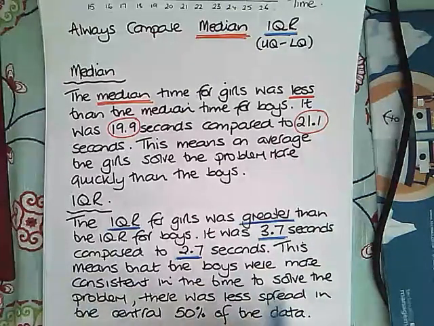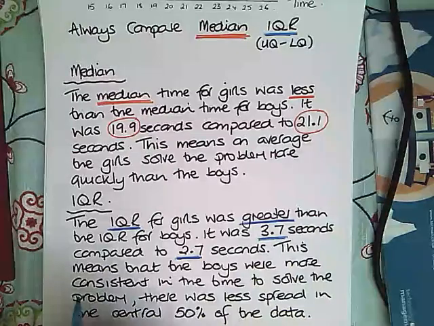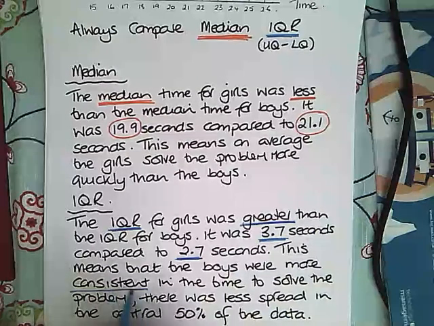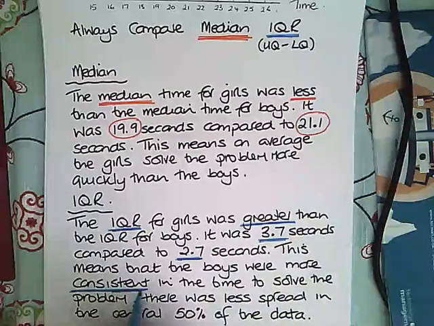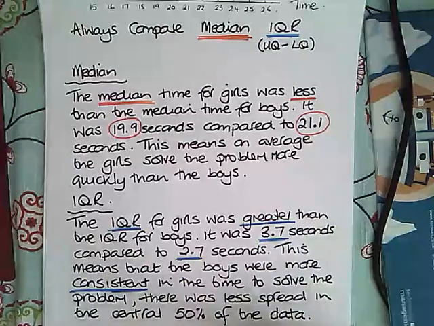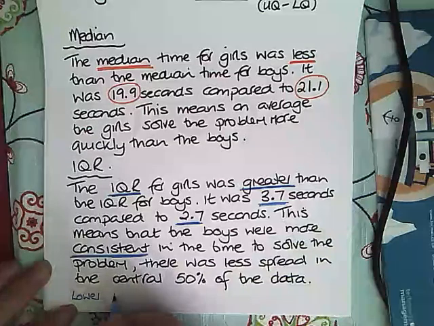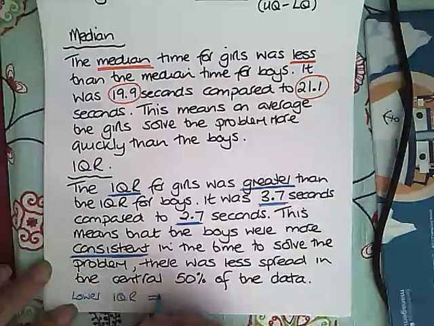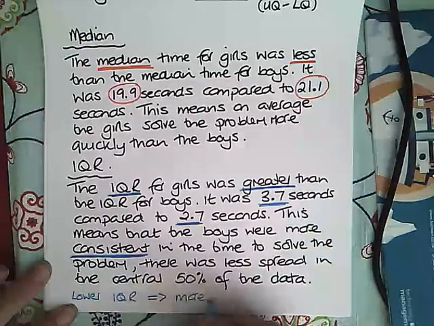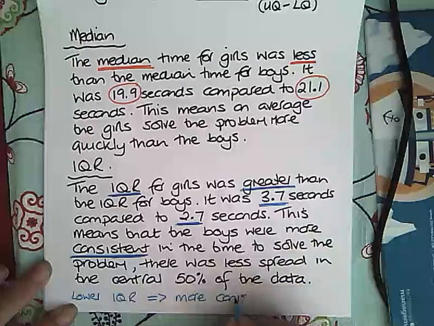This means that the boys were more consistent. So a lower interquartile range means greater consistency. Let me just write that at the bottom. So lower interquartile range, more consistent.